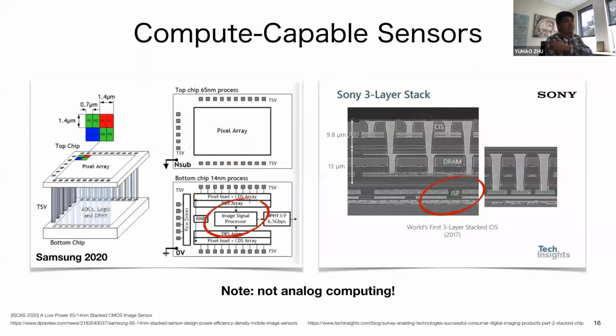These are not even recent image sensors. The one on the left is from Samsung, which has two layers, with a simple image signal processor on the second layer. The one on the right is from Sony. It has three layers, and there is an ISP, the image signal processor, there as well.